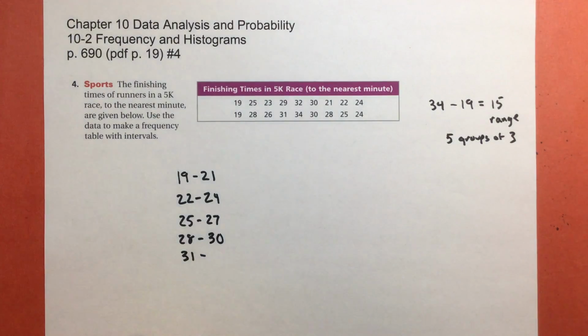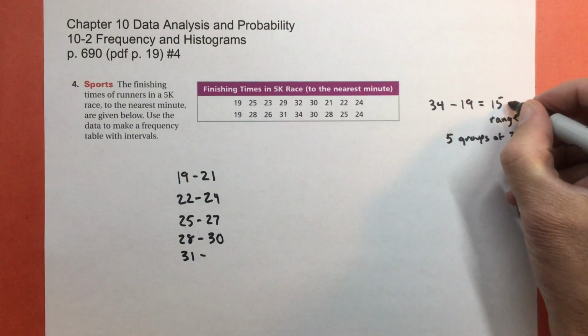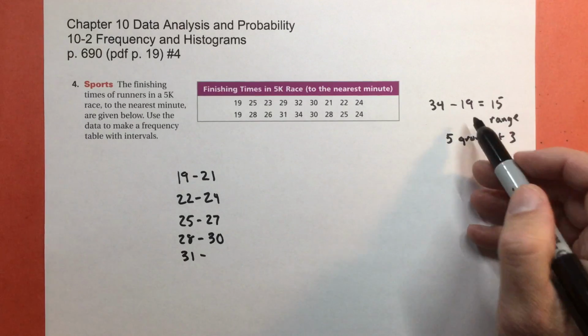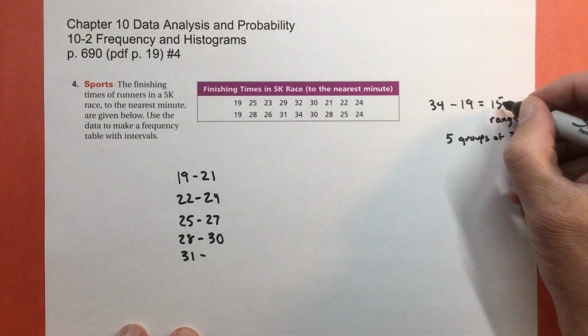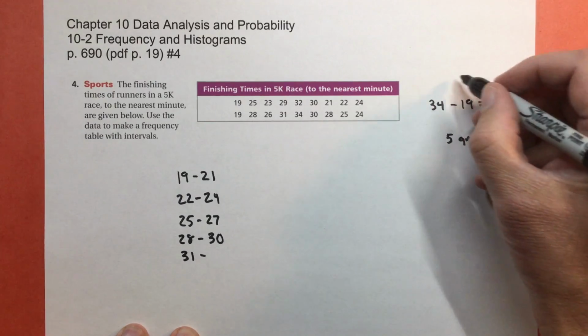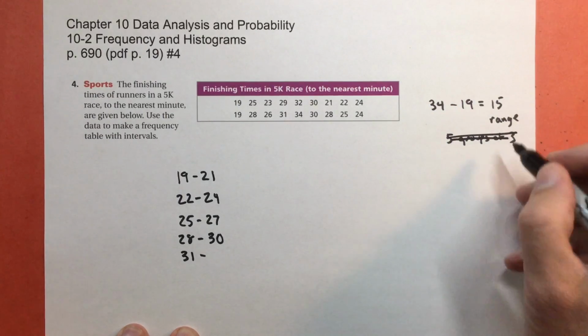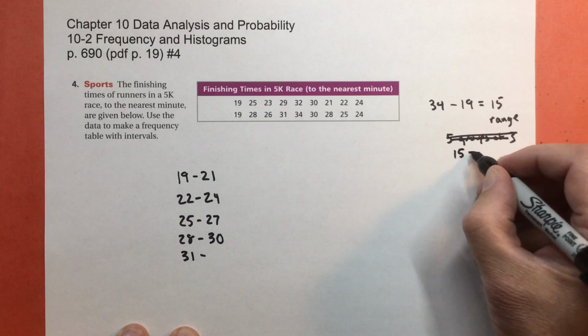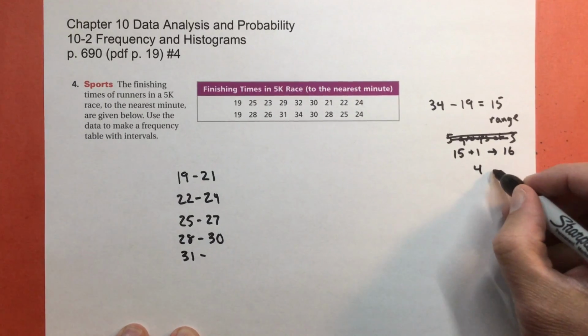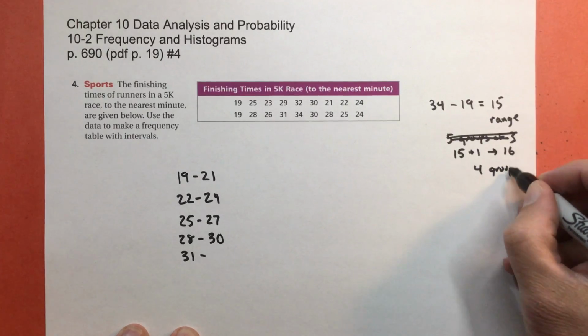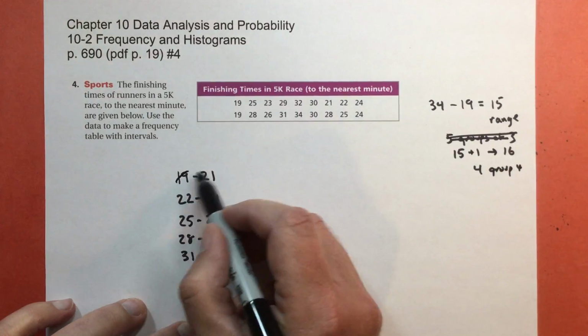I'm sorry. I forgot to include 1. By subtracting 19, I forgot the 19. So what I actually need is, don't do this. Then I add 1 more and get 16. So I think I am going to do 4 groups of 4. That'd be better. So scratch these.